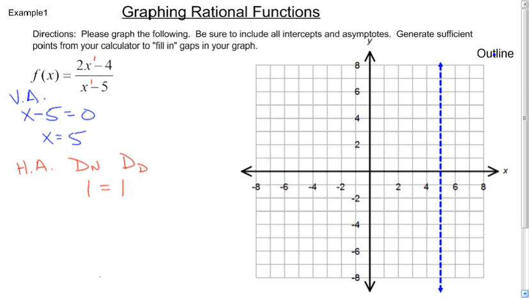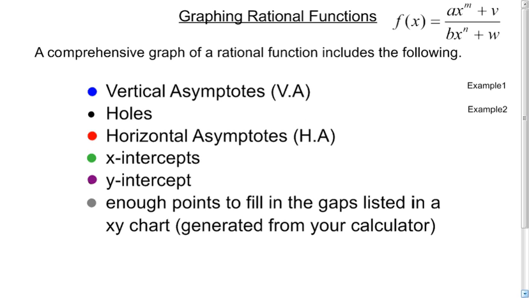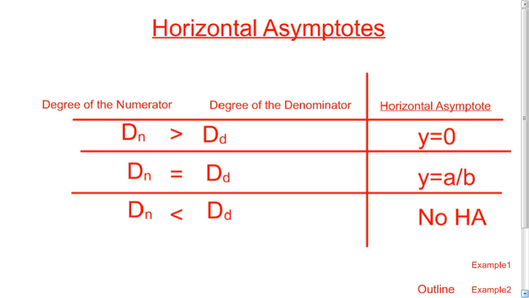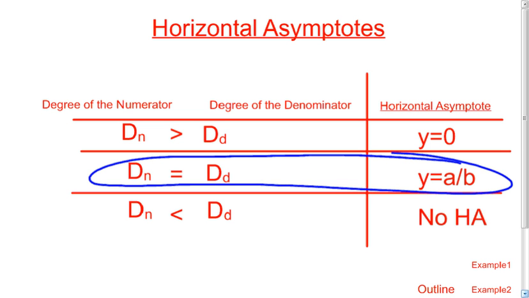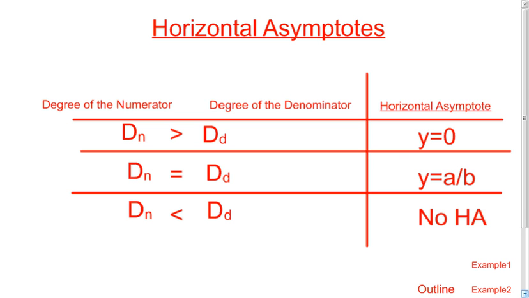Then I am going to look at the rule for horizontal asymptotes where the degrees are equal. That is this circumstance. It says the horizontal asymptote will be y equals a over b.